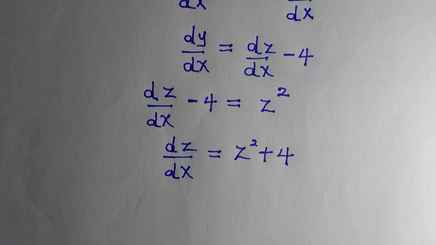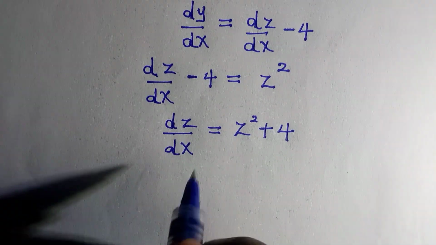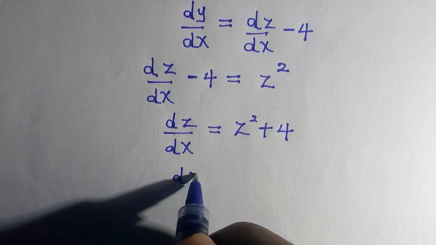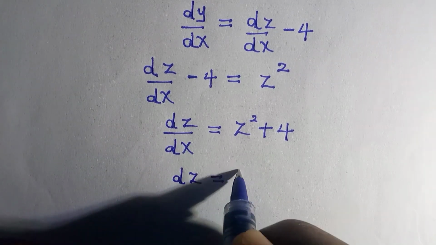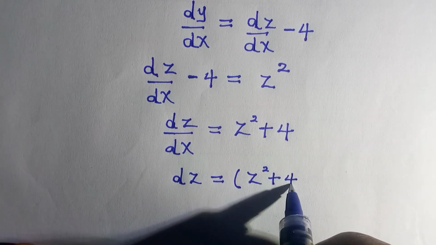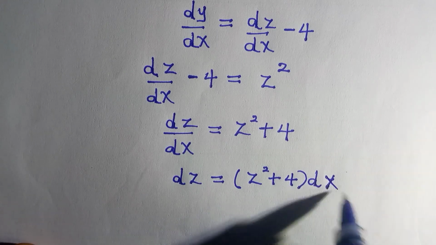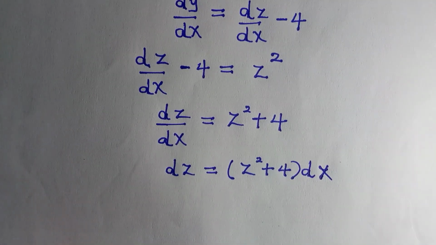Then we can now apply the separation of variables. Since it's easily separable, we cross multiply, then we have dz equals (z squared plus 4) dx, and we divide both sides by z squared plus 4.